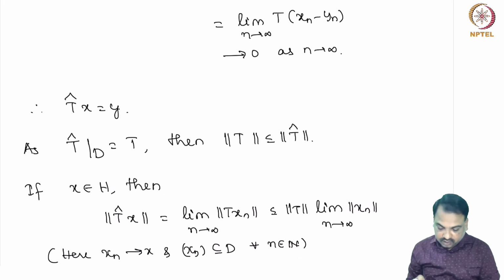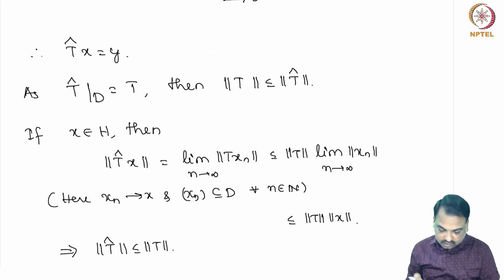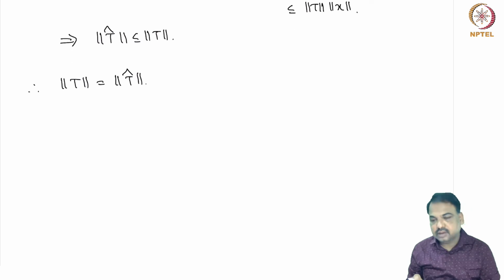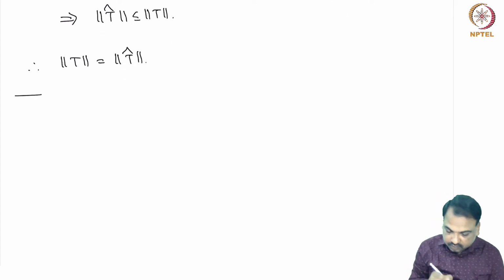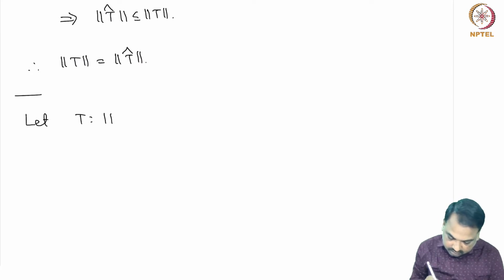Okay, so why do we need this result? If you want to define the inverse of an operator, most of the time we assume that the operator is bijective and define the inverse from the range of the operator. But sometimes even if the map is one-one, we can define an inverse. So let us take T from H to H, be one-one.